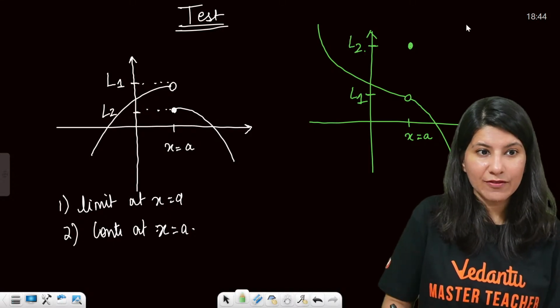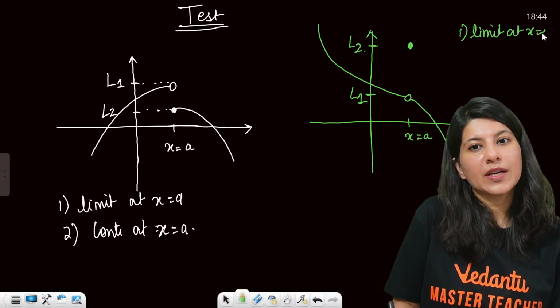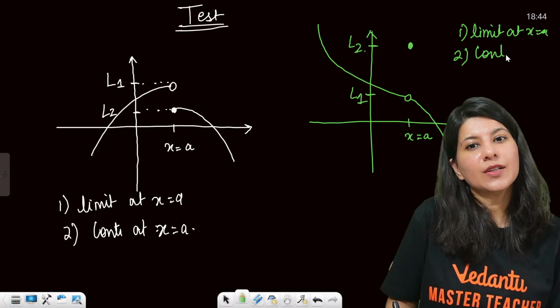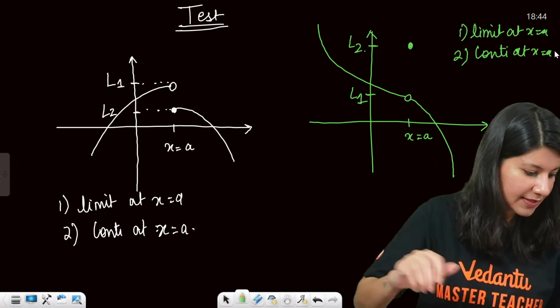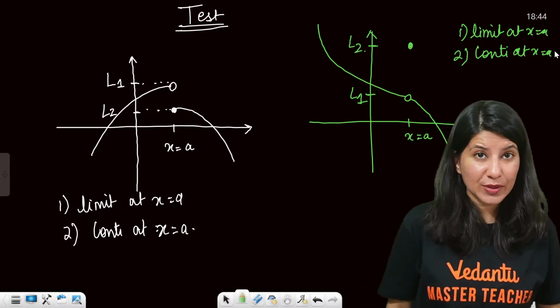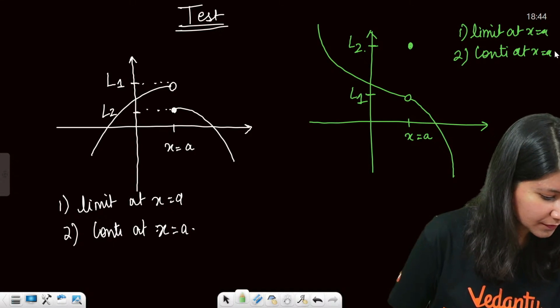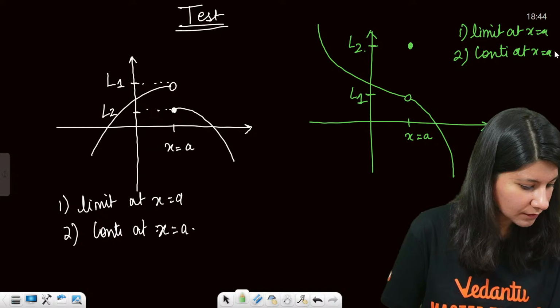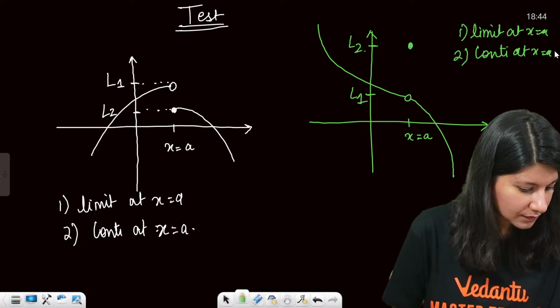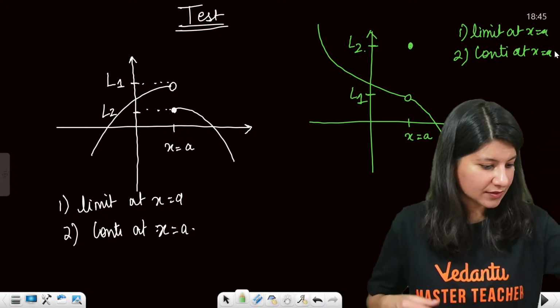In the second graph you have to tell me again the limit at x equals a, and what about continuity at x equals a? Come on, in the chat box, let us see how many of you are able to clear your doubts. I am waiting for you guys right here.